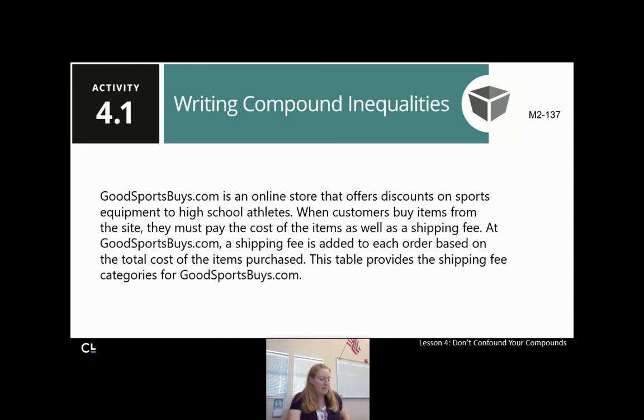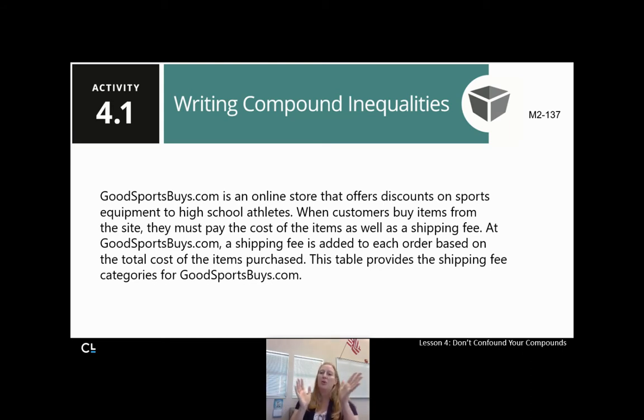Even if you have Amazon Prime, they say shipping is free, but you pay for it with your Prime membership. So at GoodSportsBuy.com, a shipping fee is added to each order based on the total cost of the items purchased. So how much you buy will determine how big your shipping fee is. If you buy more, it's more stuff to ship, so it's a larger shipping fee.